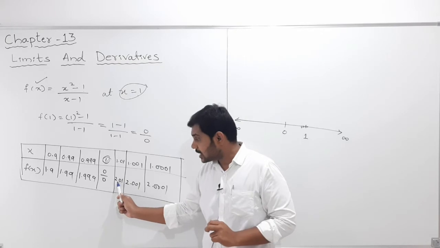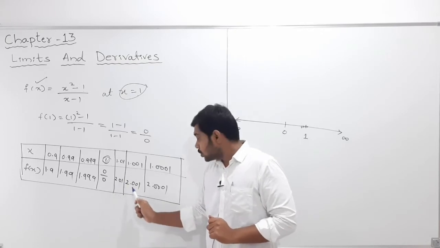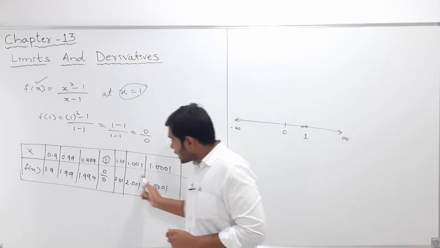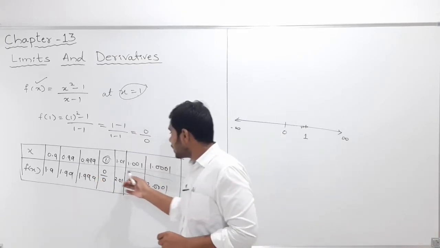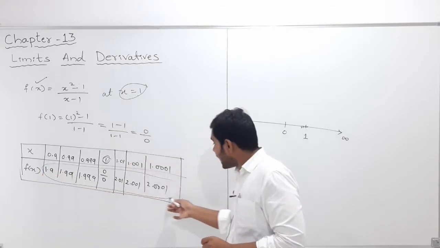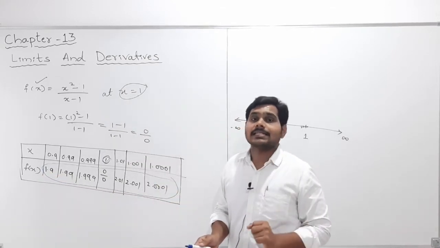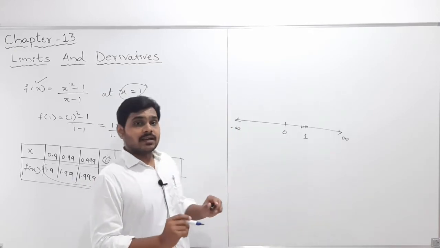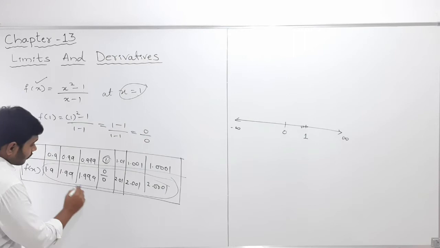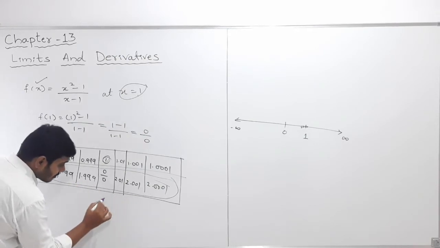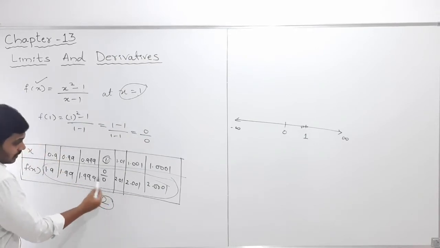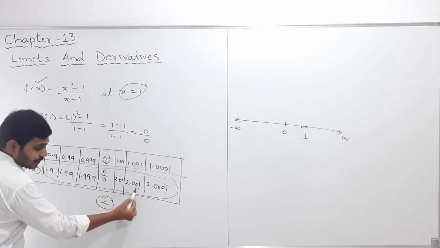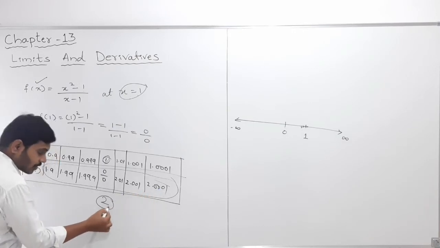And also you can observe, if you take the values after the 1, very close to 1, 1.01, if you substitute you are getting 2.01, 2.001. So if you consider all these f of x values, we can say the value very close to all these numbers is nothing but 2. 1.999 is very close to 2, 2.01 and 2.001 are also very close to 2.